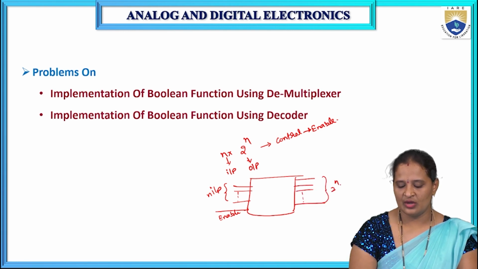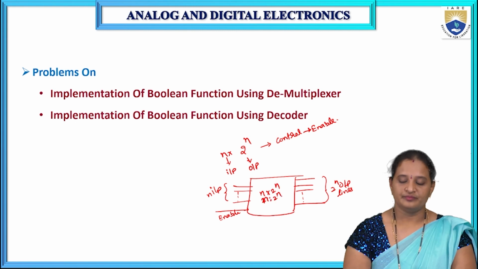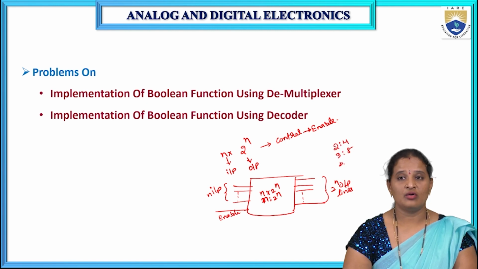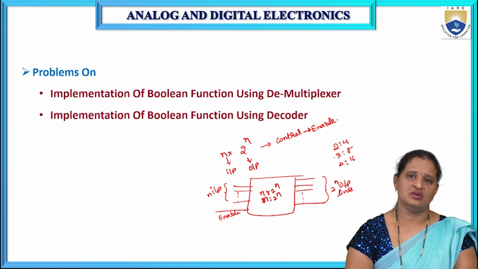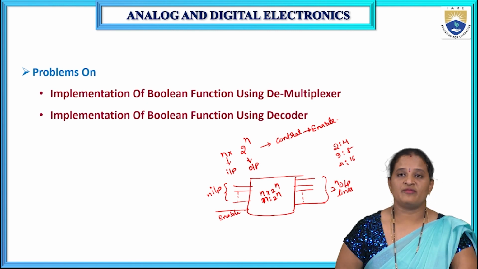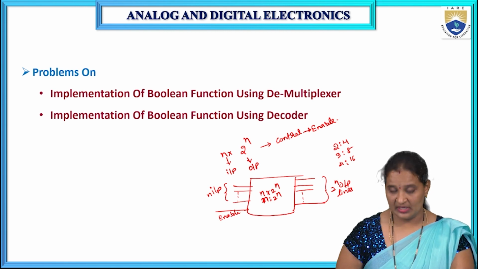The size of the decoder is always represented as n by 2 power n, or n to 2 power n decoder. So we can have a 2 by 4 decoder, 3 by 8 decoder, 4 by 16 and so on. It is used to convert binary data into decimal data.